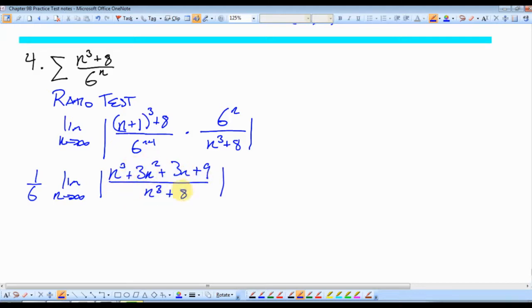This limit here is 1. So the limit is 1/6. Hey, 1/6 is less than 1.